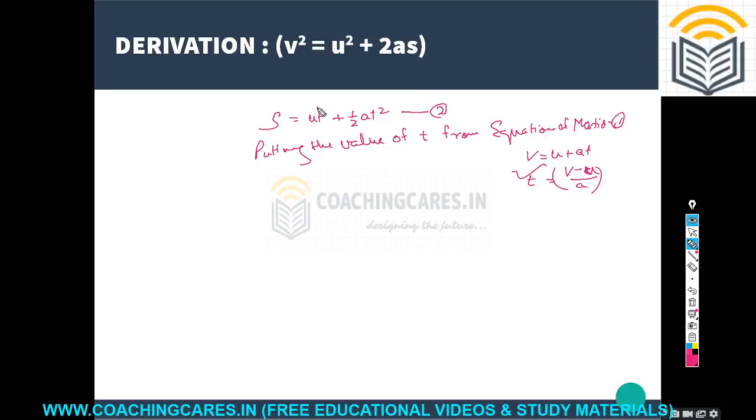Putting the value of t in both the terms, we'll get s is equal to u (v minus u)/a plus half a t square, means (v minus u)/a whole square. Further we solve it.